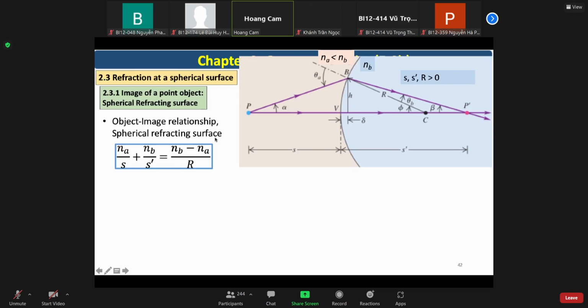And on the right hand side, in the numerator, you have the subtraction of the two refractive indices, or the difference between them. And in the denominator, you have the radius of the spherical refracting surface, and then you got that.